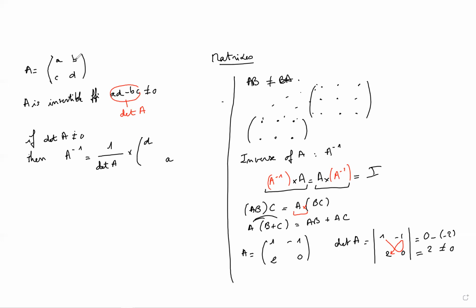And here you take the opposite of these ones, minus C and minus B. This is the inverse of the matrix A. So you can compute it by hand when the matrix is a square matrix of order 2.